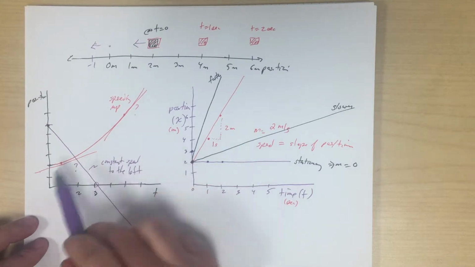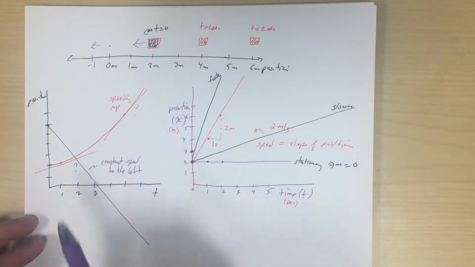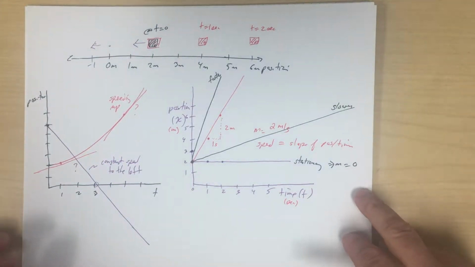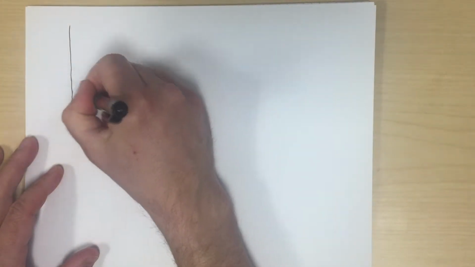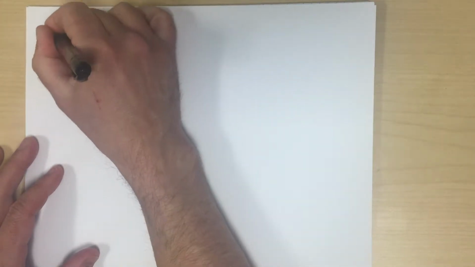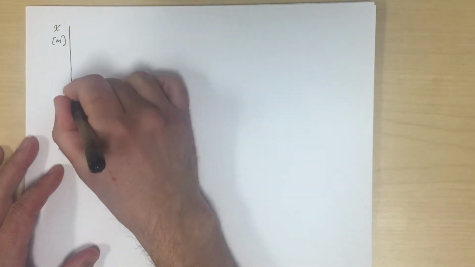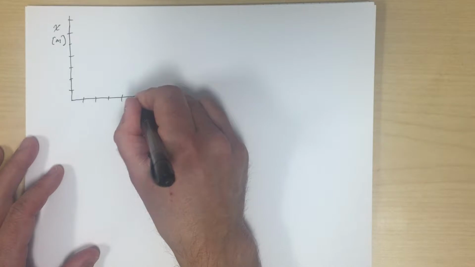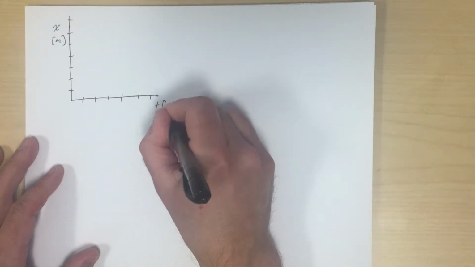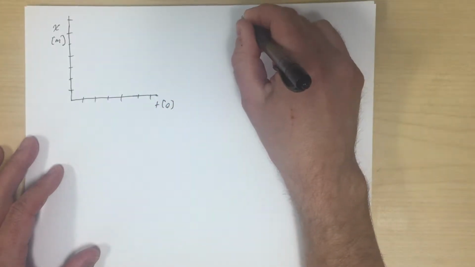Now, if we're going to be dealing with cases where the speed is not constant, it makes sense to introduce another type of plot, namely a speed time plot. So we're going to have two types of plots now: a position time plot and a speed time plot.